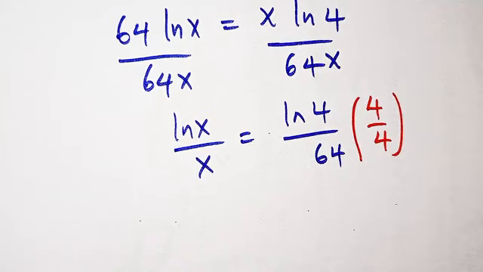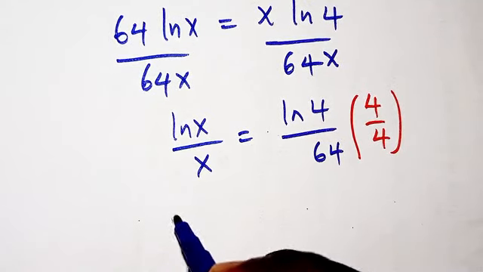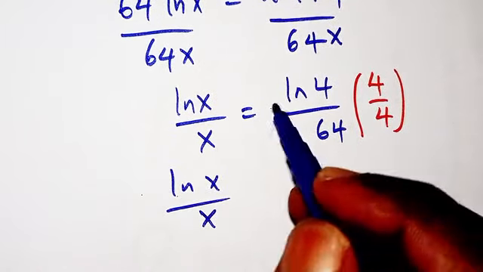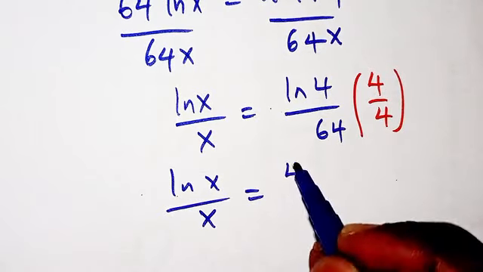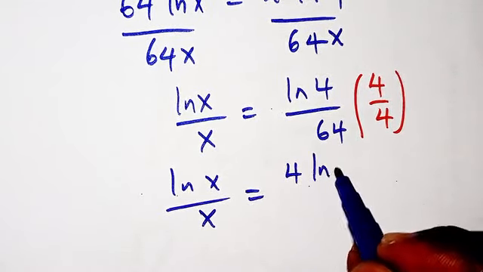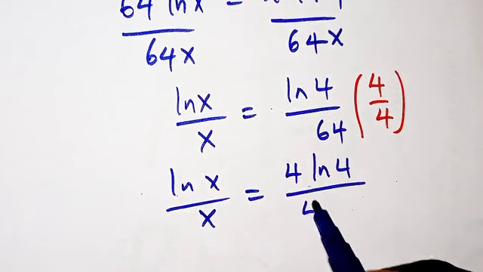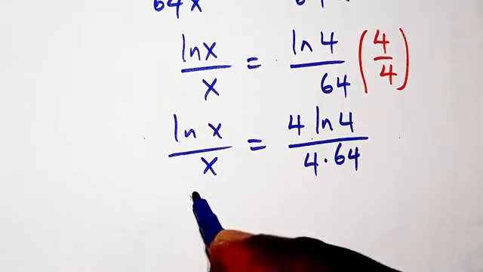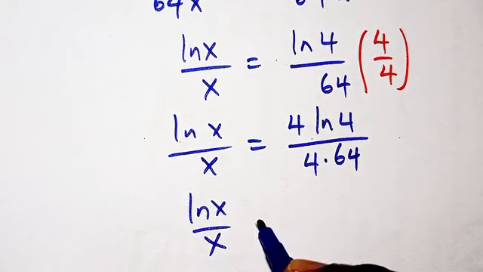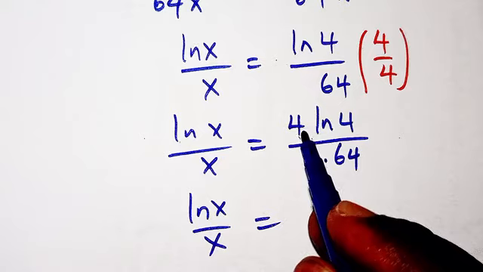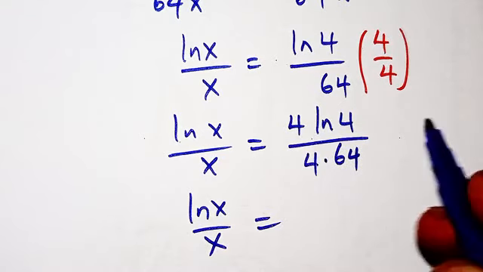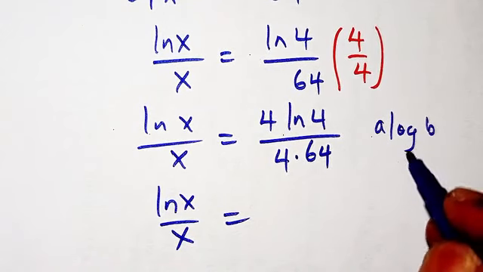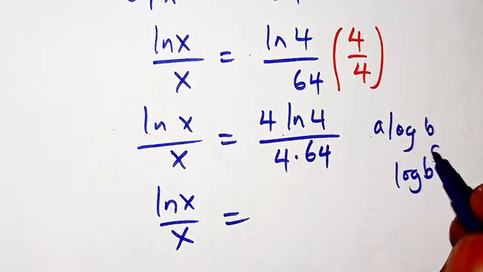So we're going to have ln of x over x equals. Now the 4 is coming, I want to write it at the back of ln of 4, and we have 4 multiplying 64. You know that this is a logarithm, so whenever you have something like a log b, this is going to be log b to the power of a.